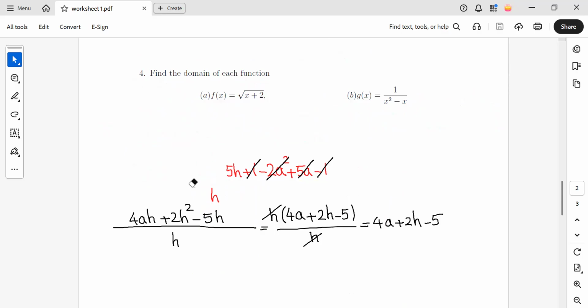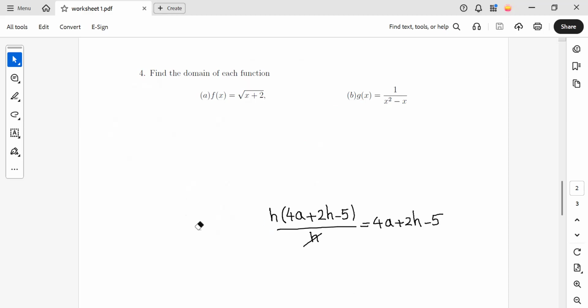domain. For the first one, since it is about the square root of something, we know that whenever we have negative under this square root or any even root, the expression under the radical should be positive.